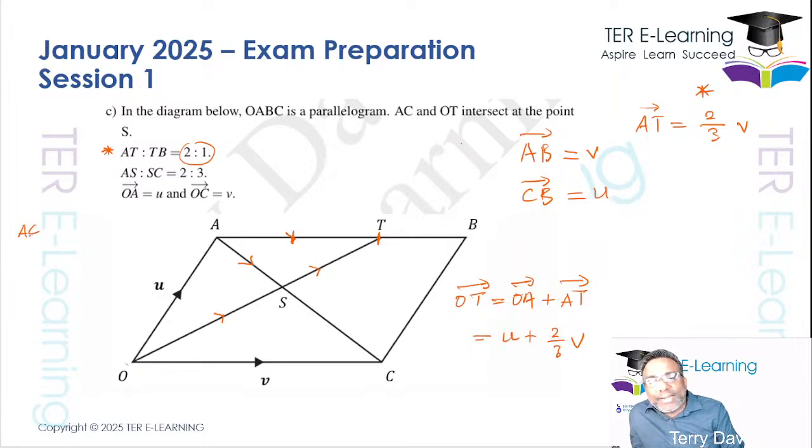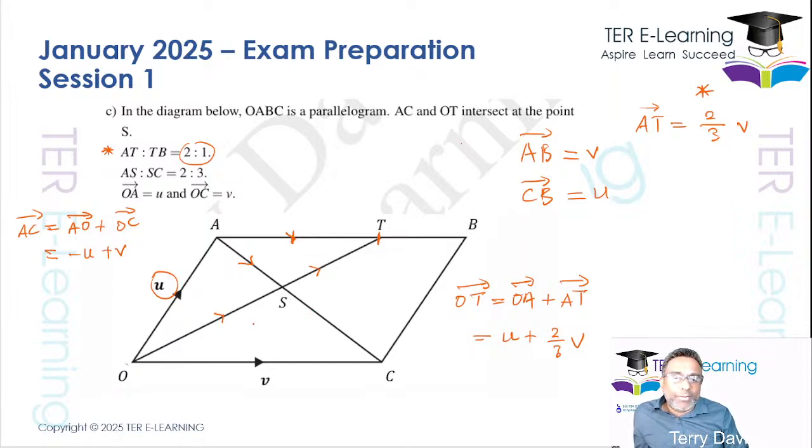The vector AC: you want to go from A to C, so you go from A to O and then from O to C. Now this is typically the most difficult question for most students. The vector AO is in the opposite direction, so you put minus U, plus the vector OC, which is V. So that is the vector AC here.